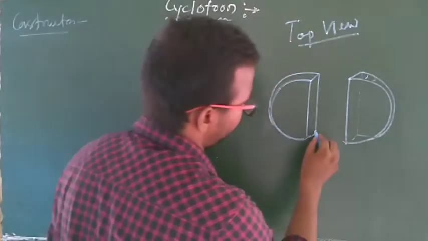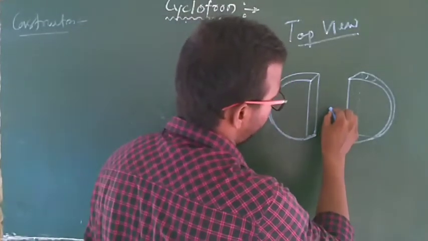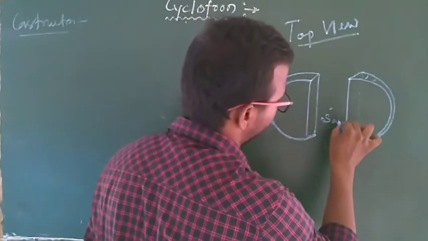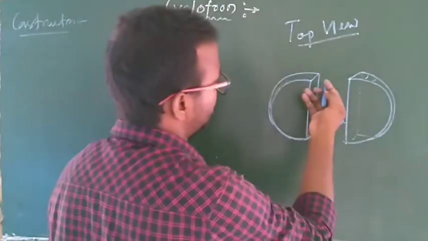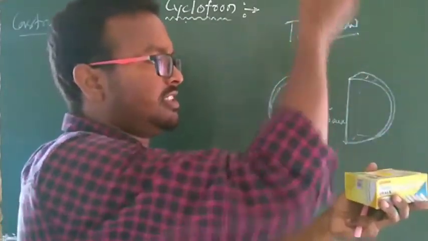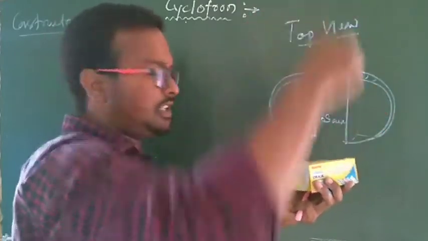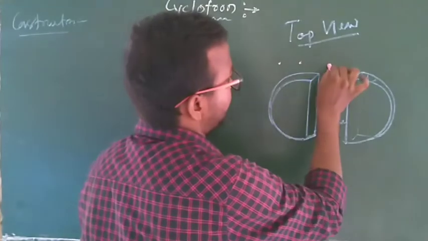These are two D-shaped materials, and in between there is a source. Here, in the top view, the magnetic field is in the outward direction, because the magnetic field is coming outward. So this is the direction of the uniform magnetic field.